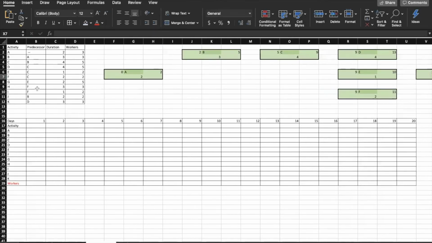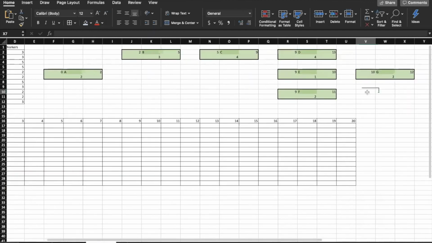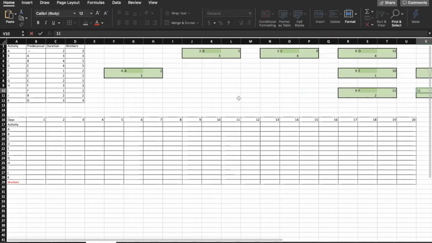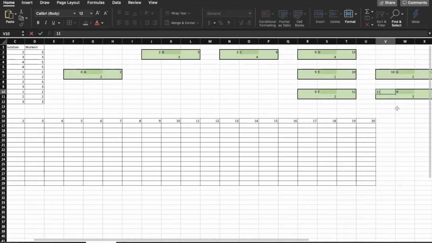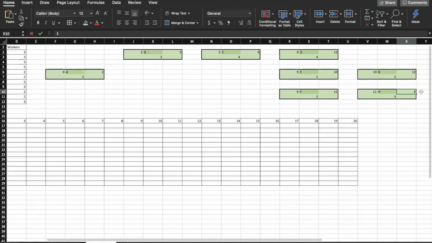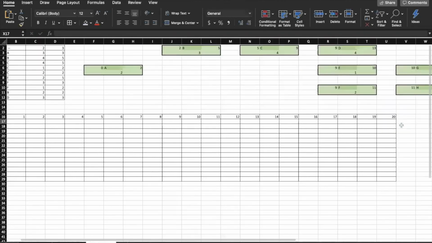The next one would be H after F. It will start as soon as F finishes, the 11th, and H would take 3 days. So that means H would be finished as early as the 14th.